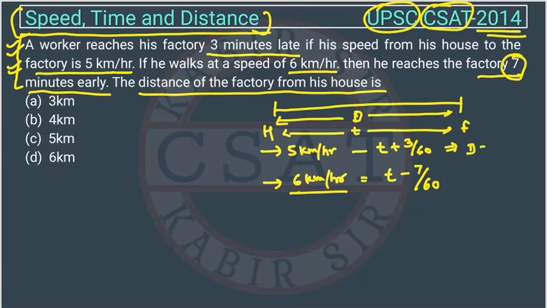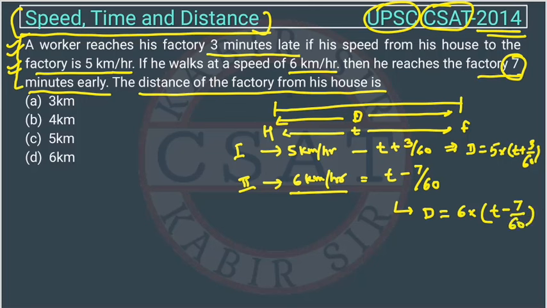Distance is equal to speed 5 into (T plus 3 by 60). Similarly, the distance is the same in the second case, so distance is equal to 6 into (T minus 7 upon 60).